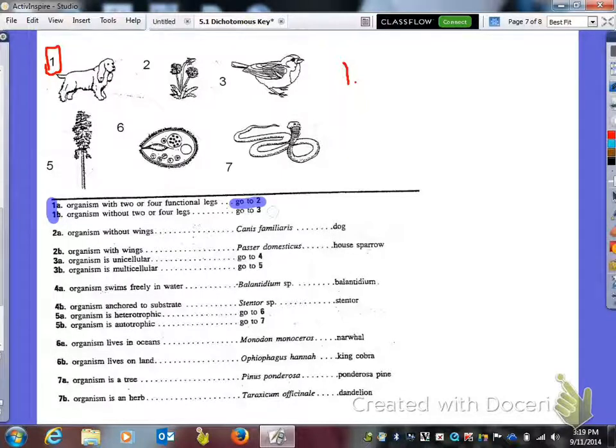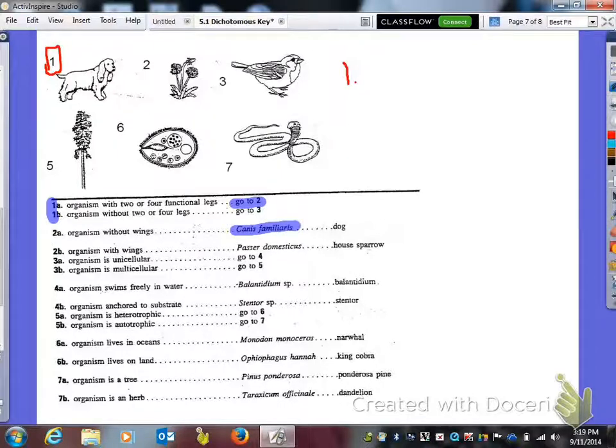Also, why they call these dichotomous keys is because di means 2. There's always 2 choices. If you notice, there's a 1A, a 1B, a 2A, a 2B, a 3A, a 3B. Okay, so there's 2 choices. All right, so it says go to number 2. All right, so 2A says organism without wings. Guess what? That's what our animal is.